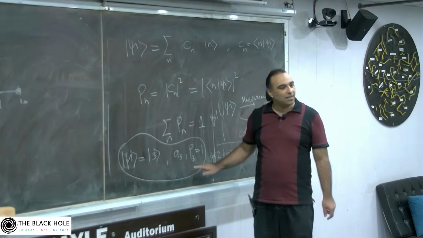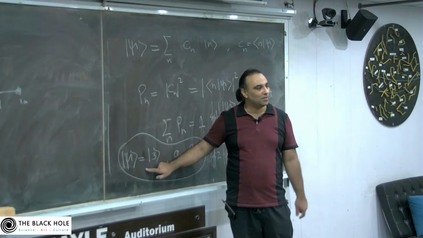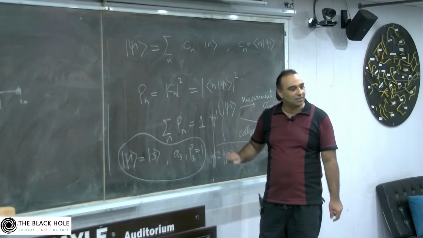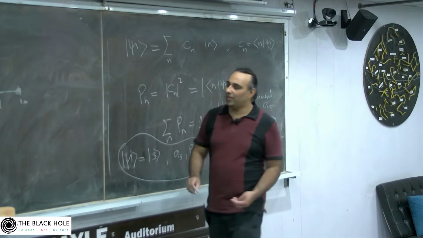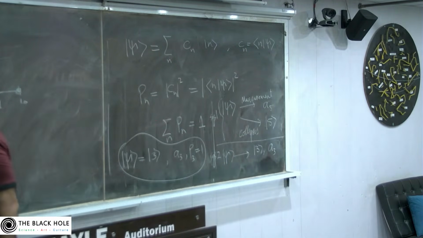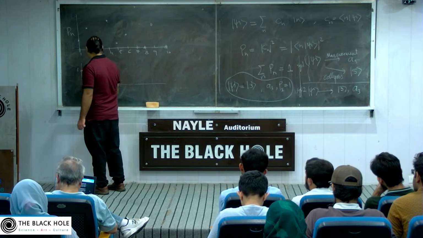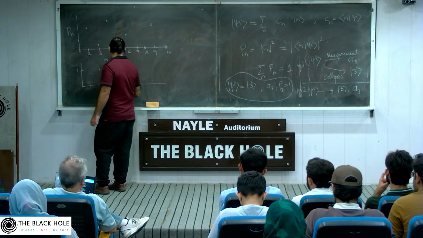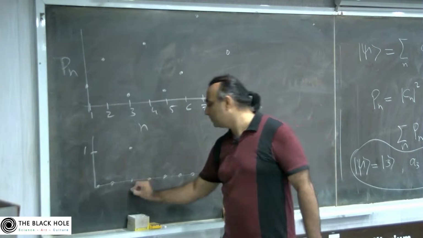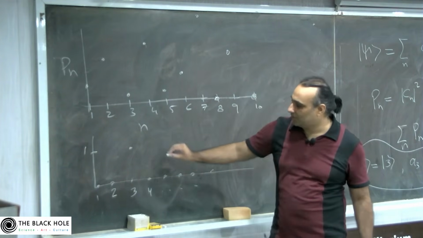So if your state is an eigenstate of the operator that you'd like to measure, then you always get this. That means its probability will be 1, and the others 0.